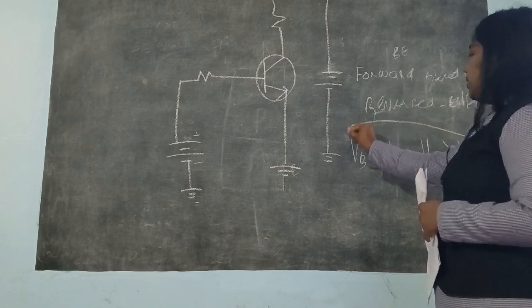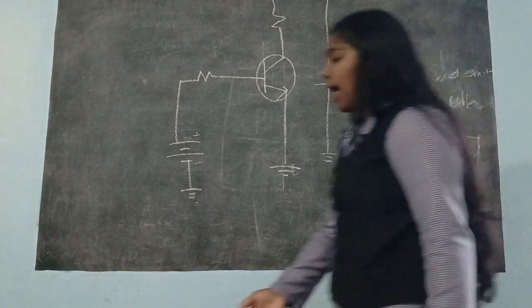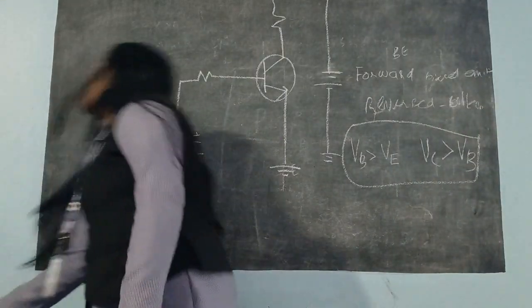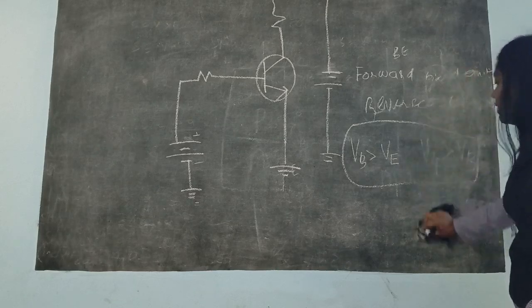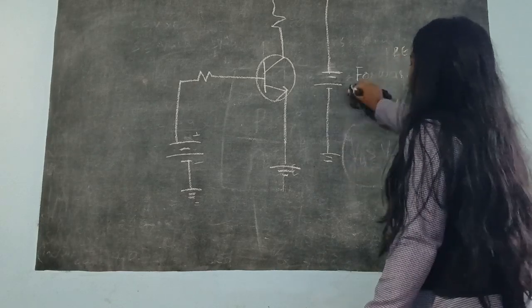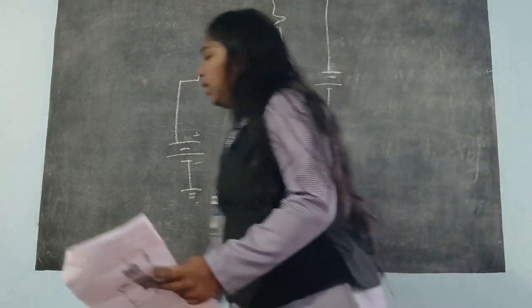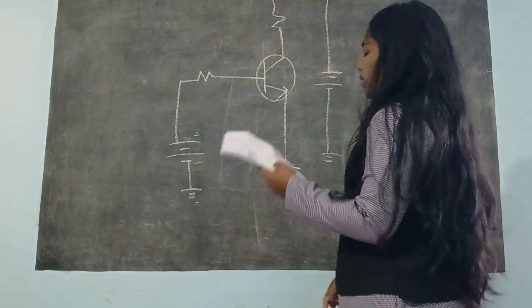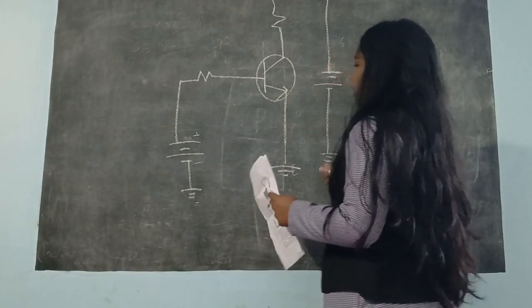At this condition, the transistor is in the active region. And the next biasing condition is when it is in the cutoff region. When will this transistor be in cutoff region? That's when both the sources are reverse biased.